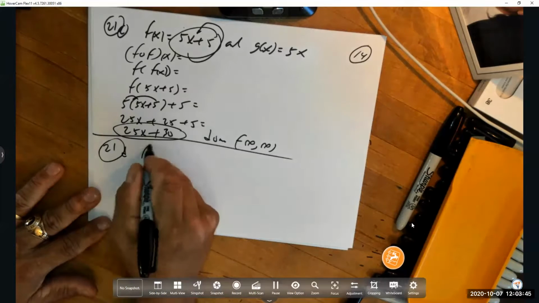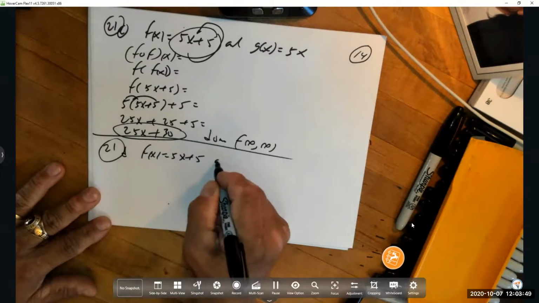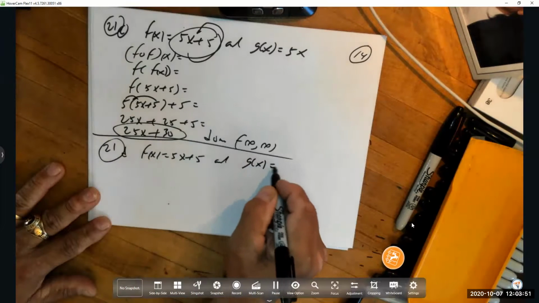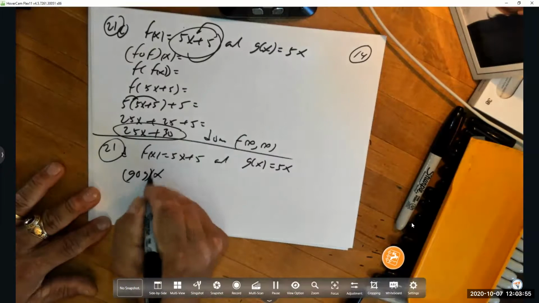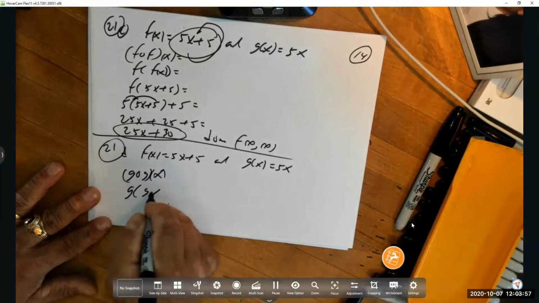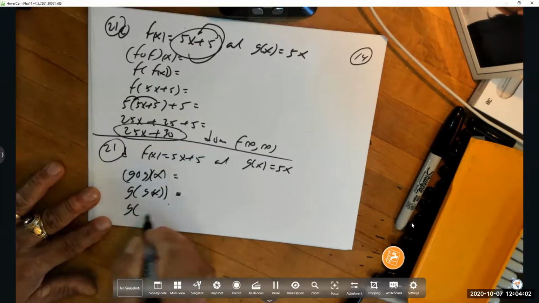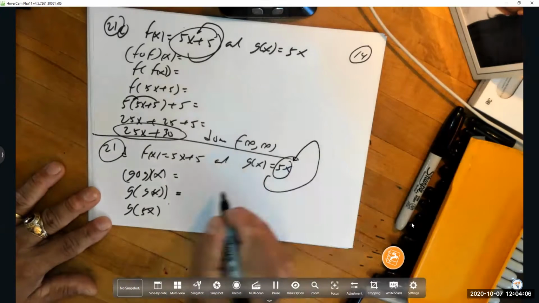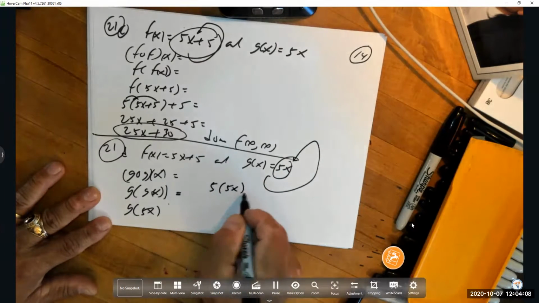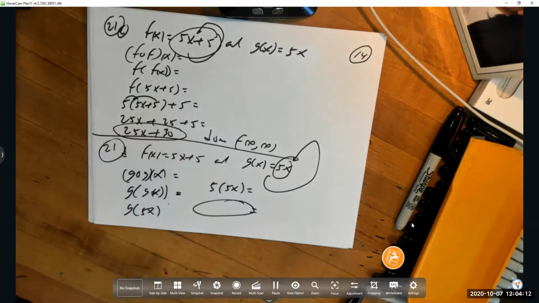All right. 21, letter D. Same thing. f of x is 5x plus 5. And g of x is 5x. Find g circle g of x, which means g of x is 5x. So put 5x inside of 5x. So 5 times 5x goes like this. Okay. So when I multiply 5 times 5x, don't tell me, just wait.